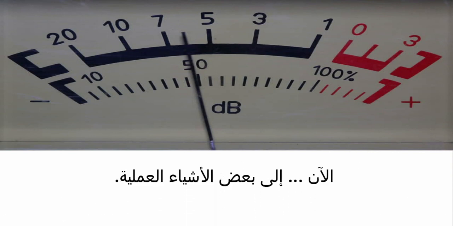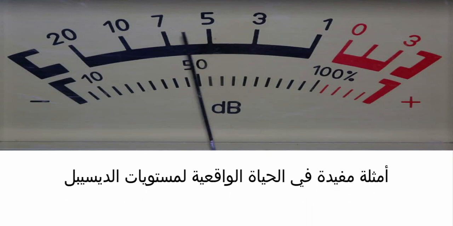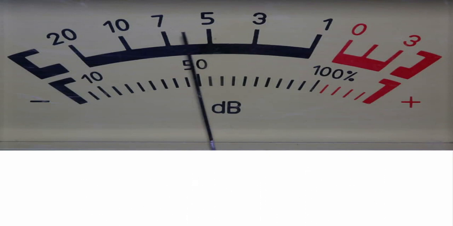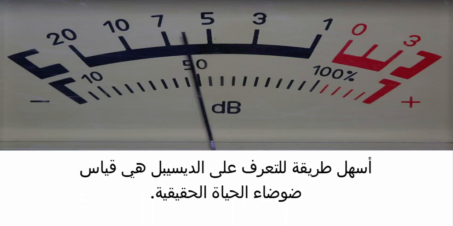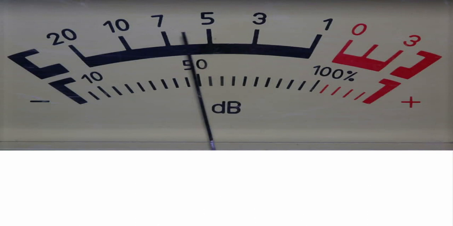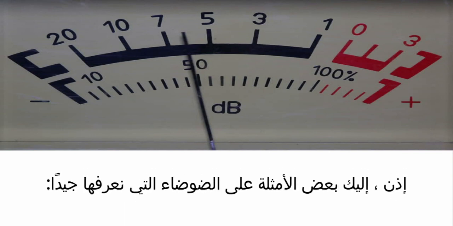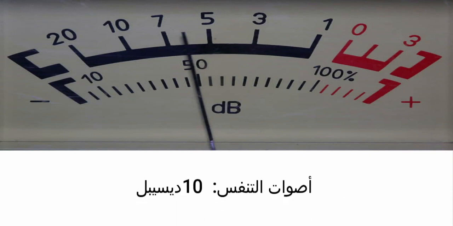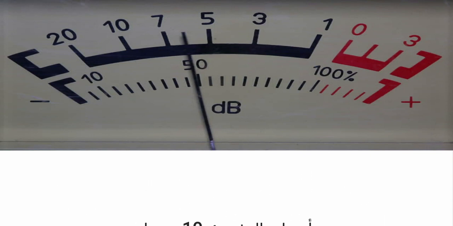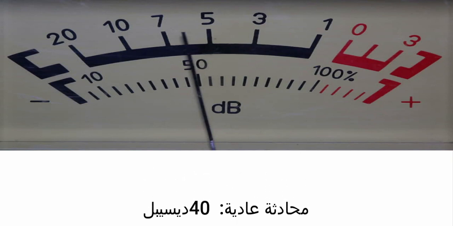Now, on to some practical stuff. Helpful real-life examples of decibel levels. The easiest way to get a feel for decibels is by measuring real-life noises. So here are some examples of noises we are all deeply familiar with. Breathing sounds, 10 decibel. Whispering, 20 decibel. Normal conversation, 40 decibel.